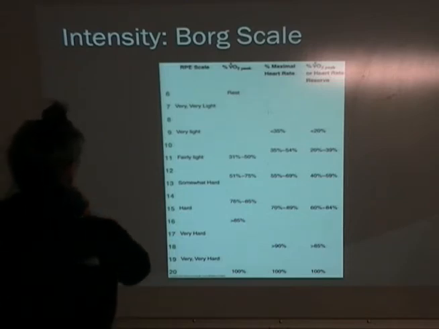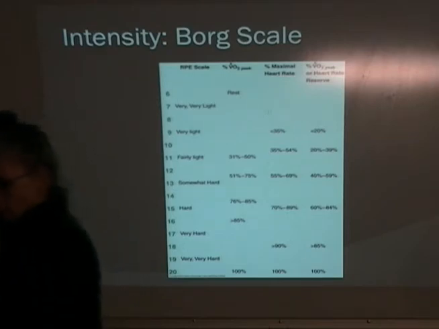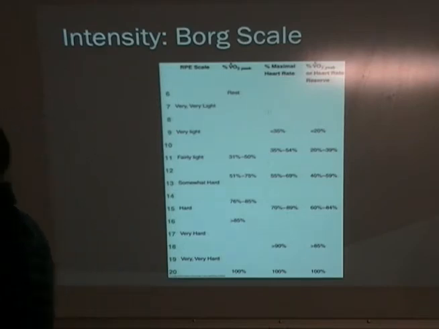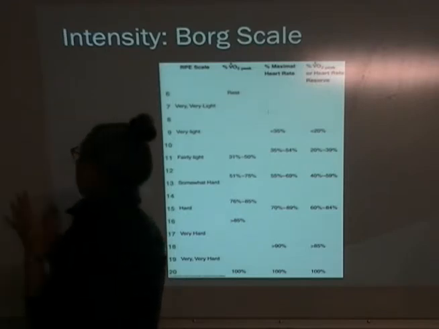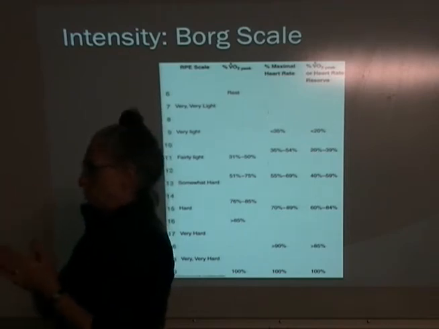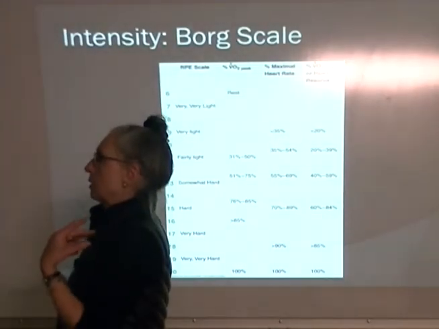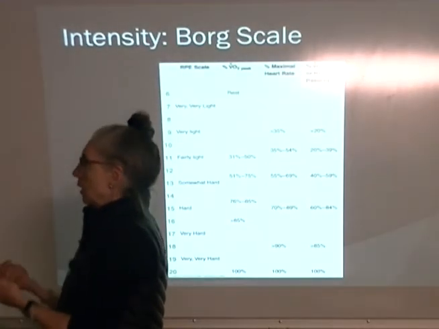So the Borg scale is what we call a rating of perceived exertion, an RPE scale. So the first problem here is that it's not a physiological measure. It's a perception of how hard I'm working, okay?